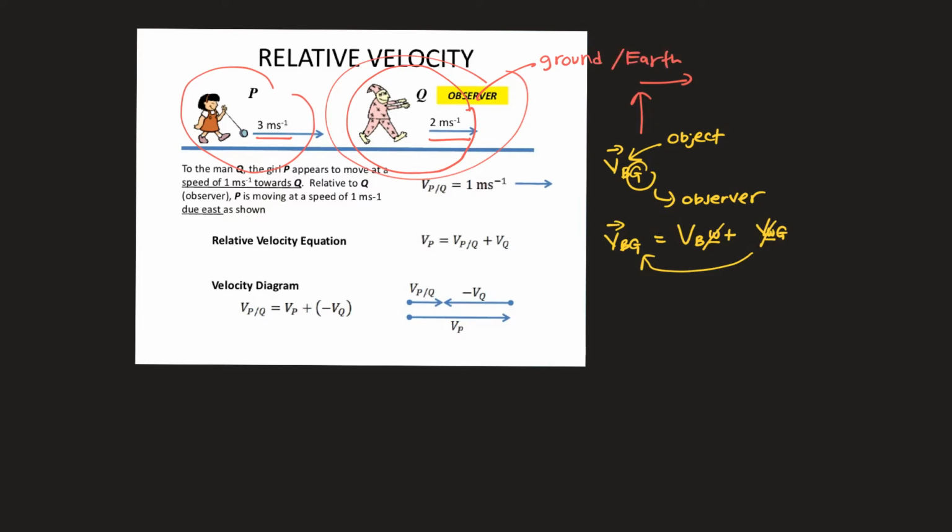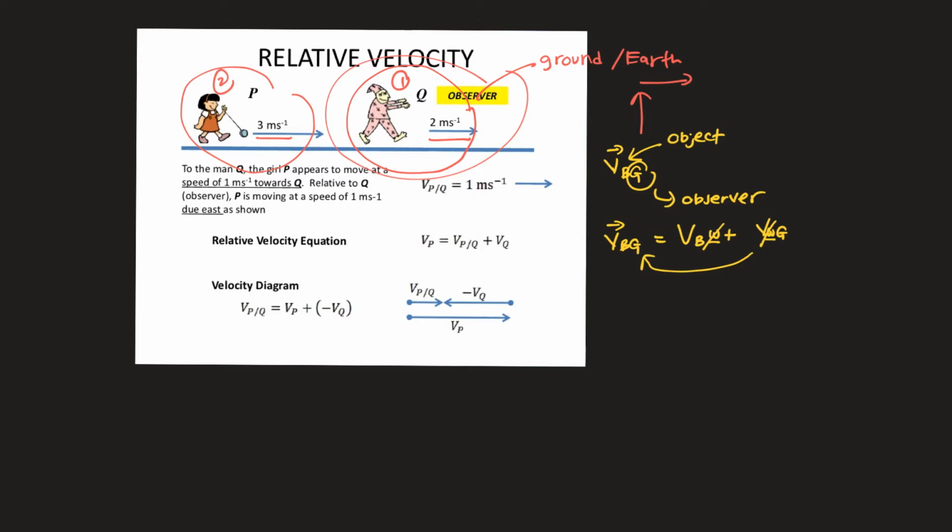So there is a person at the ground watching the first one moving with 2 meters per second, and watching the children moving with 3 meters per second. If the question doesn't state any location, you put the ground or earth, because the ground and earth are your main reference frame. Everyone is actually moving on the same planet, which is earth.